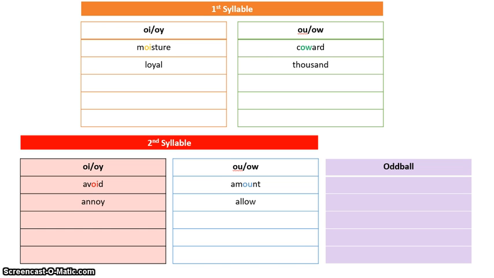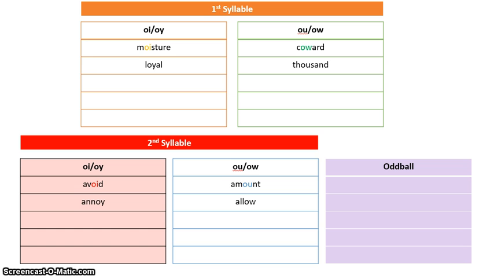The word annoy has 2 syllables, but the OY, the oi sound, is found in the second syllable, like in avoid. And the last word is allow. Okay, that's 2 syllables. The ow sound is found in the second syllable, and so that's why I've put it in that place in the chart.